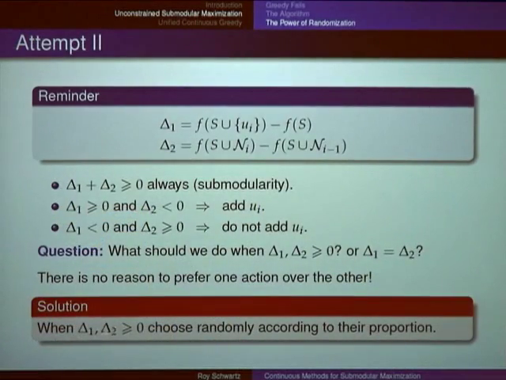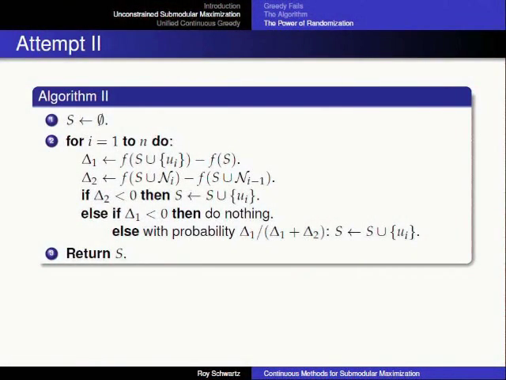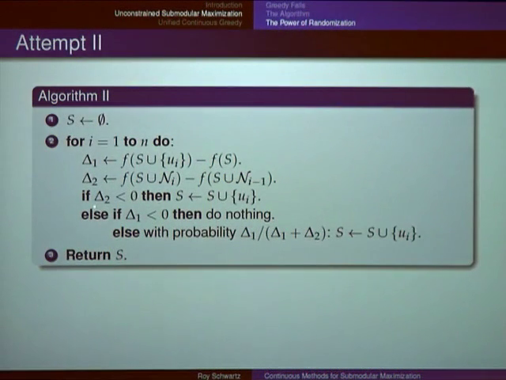And of course, the probability will be proportional to the ratio between these two. So this is the algorithm. This is exactly the same algorithm. These are the two cases as before. If the second one is non-beneficial, choose the element. If the first option is non-beneficial, then don't add it, so do nothing. But if both are beneficial, just add the element with this probability.